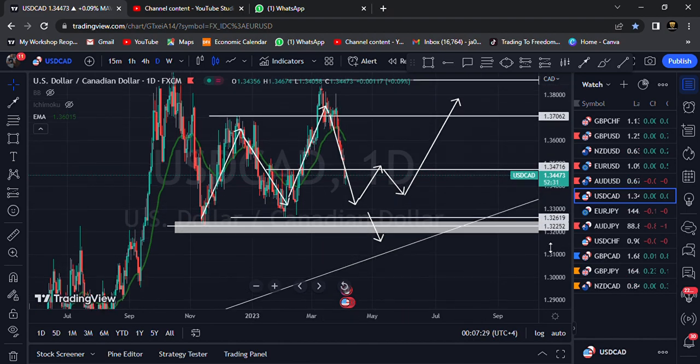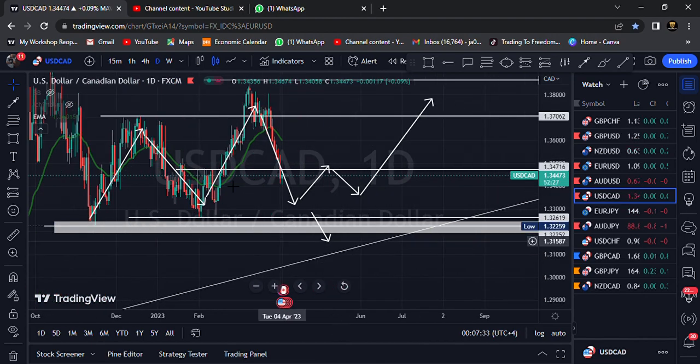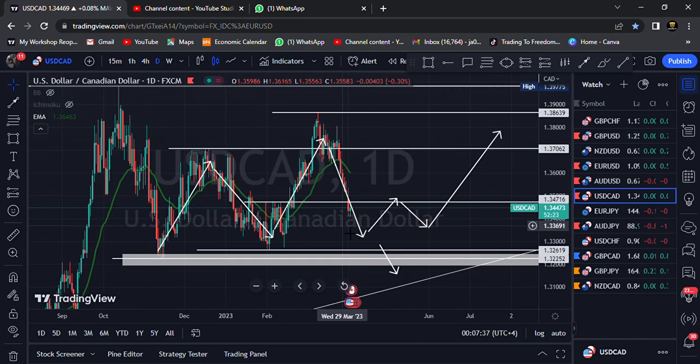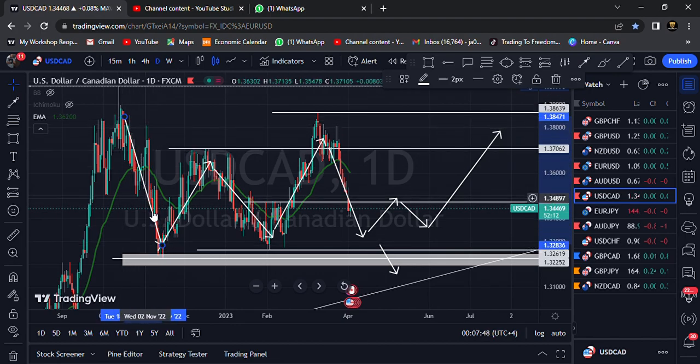So going down forward to the smaller time frames, this is already what we have in mind, and whatever we're gonna do, it's gonna be based on this that we have in mind. So as you can see, this is how the structure actually was supposed to be, like this, but now this has been broken.